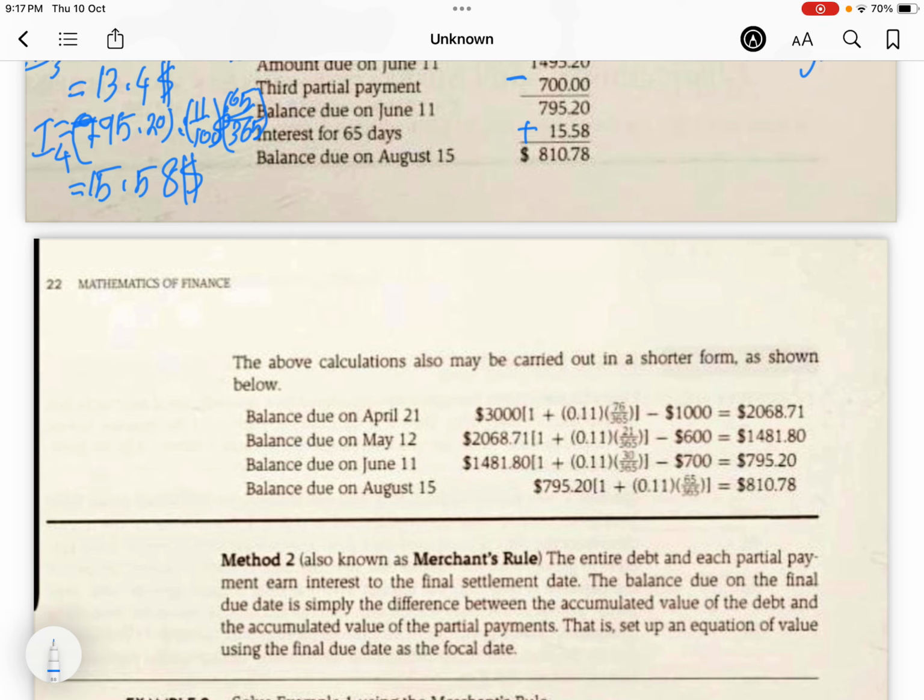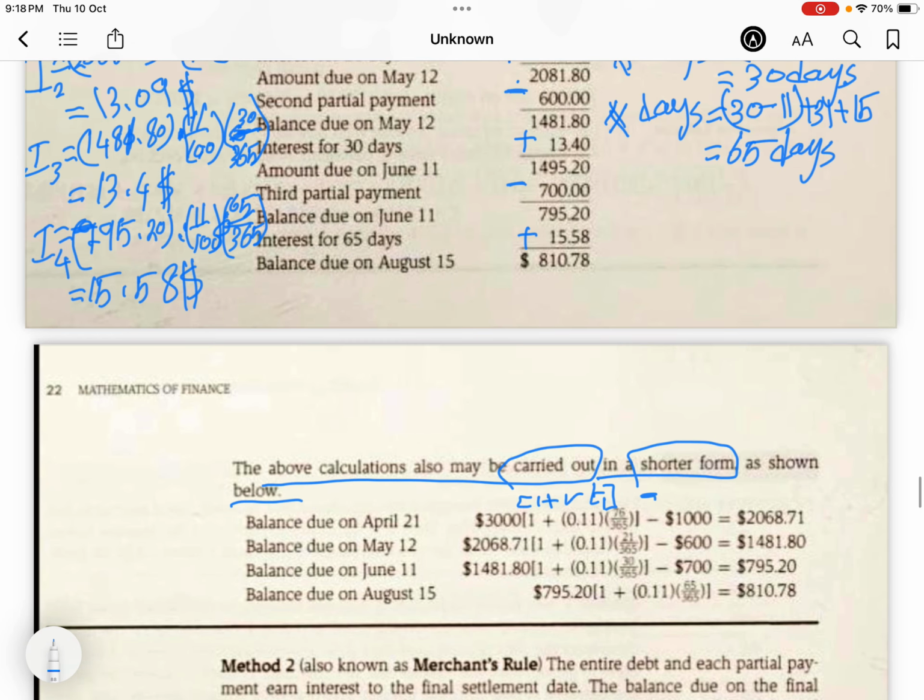The above calculation can also be carried out in shorter form as follows. Calculate 3,000 multiplied by 1 plus R T1, minus the first payment.